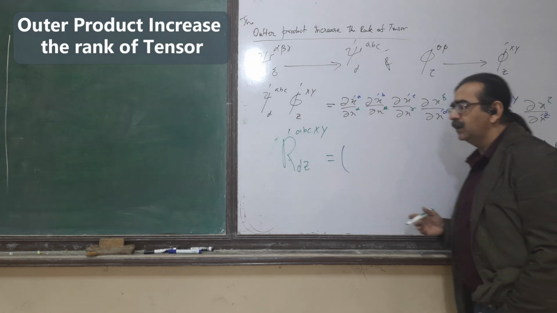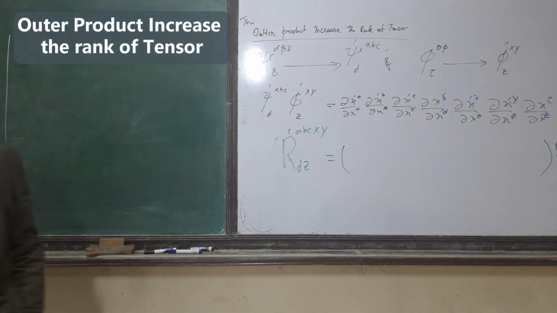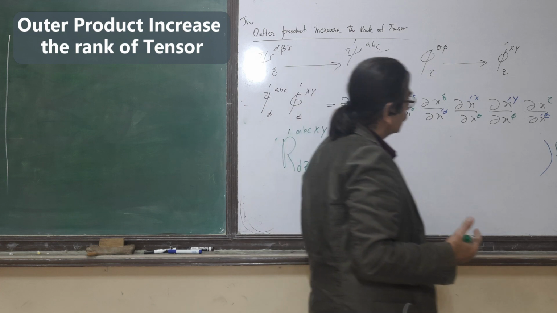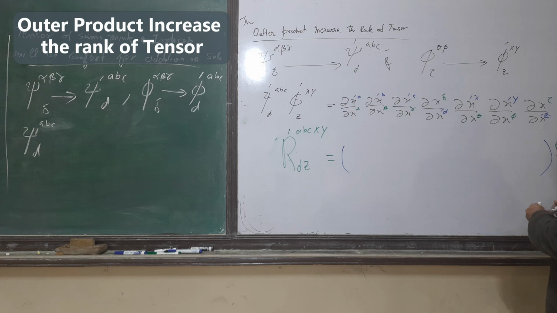So these products will be increasing. The outer product will increase the rank of the tensor.